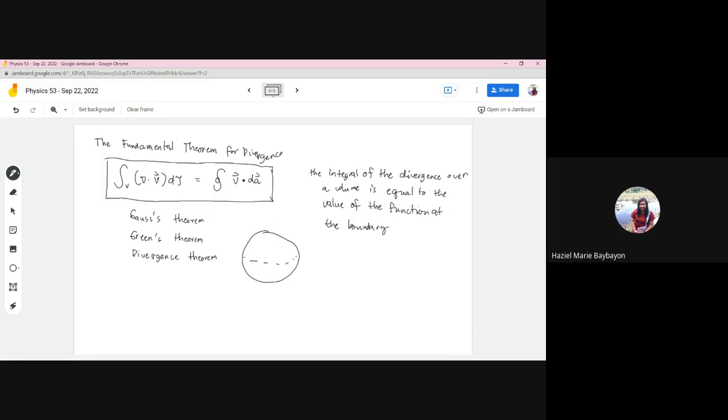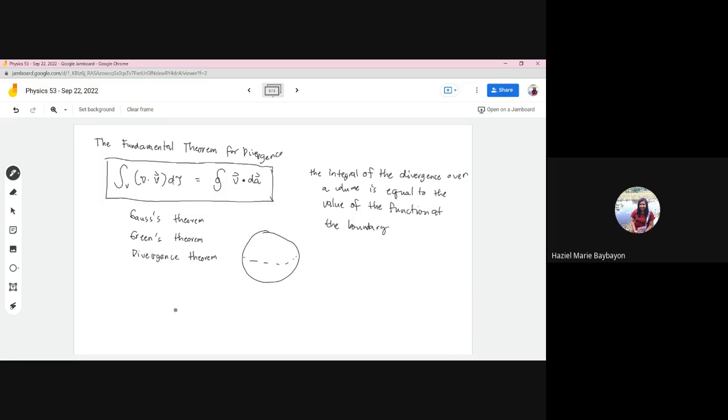Now, here's a geometrical interpretation, class. If the vector function V represents the flow of an incompressible fluid, then the flux of V is the total amount of fluid passing out through the surface per unit time.